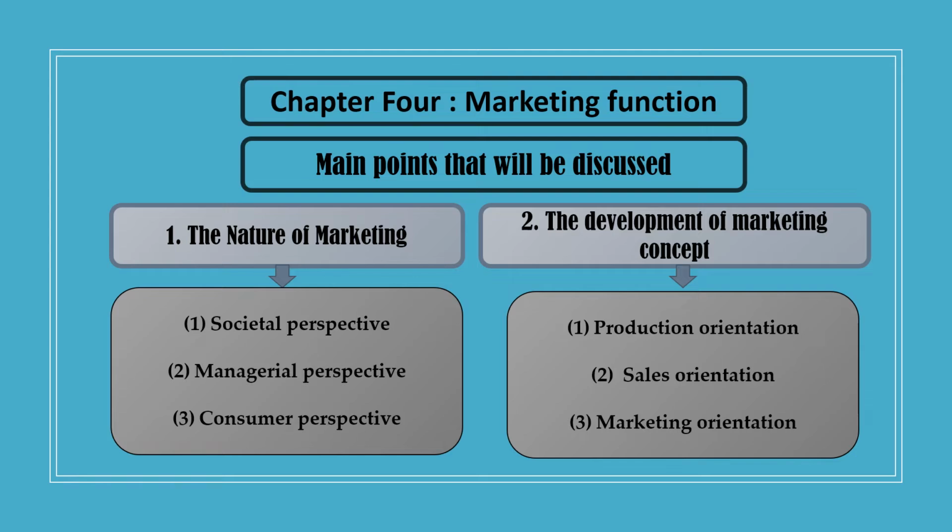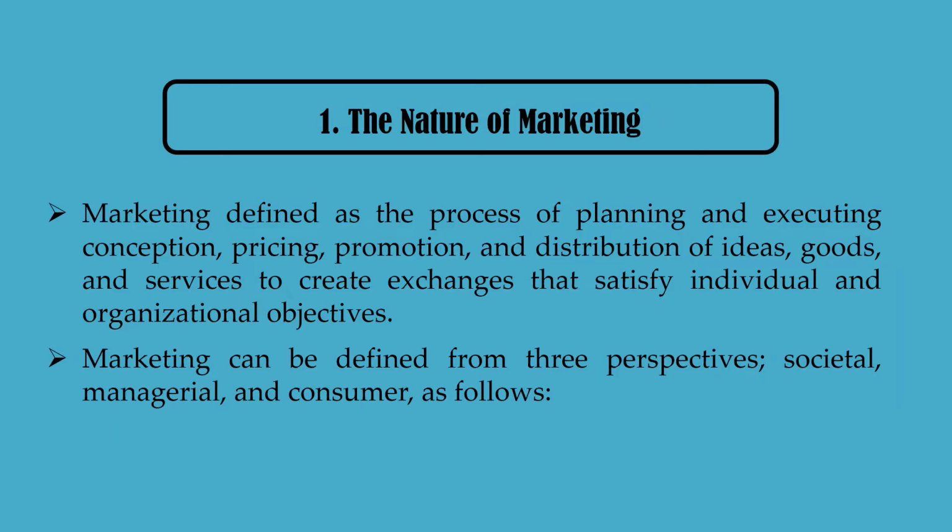First, production orientation stage, sales orientation stage, which is the second stage, and the third stage is marketing orientation. Let us start with the first point related to the nature of marketing.